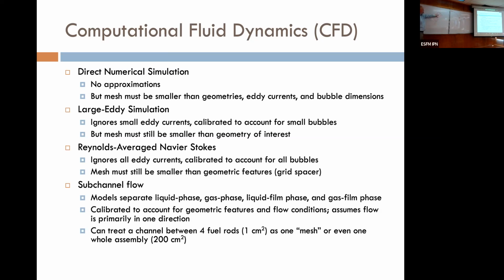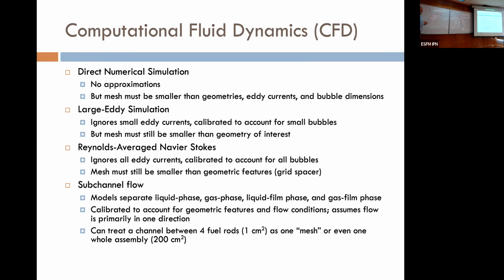And I can treat this and I can say, wait a minute, I have enough data because I ran a bunch of experiments that I can say, given some velocity and other parameters of the fluid, I know that there is some ratio of gas velocity to fluid velocity. And I might have some times where I have a film of fluid around the rods and the rest is vapor, or maybe I have a film of vapor around the rods and the rest is fluid.